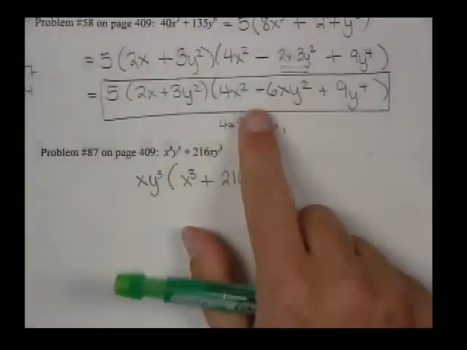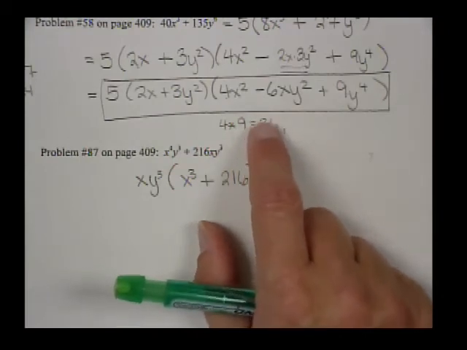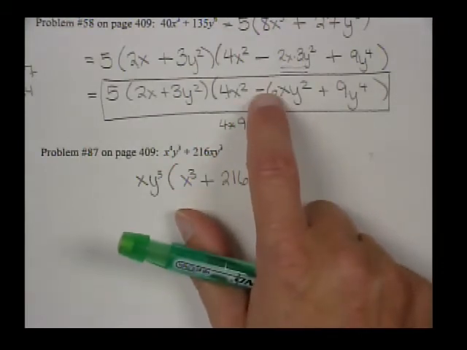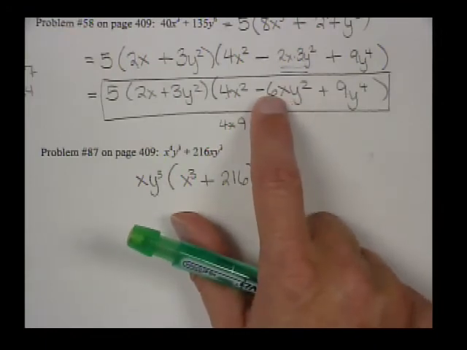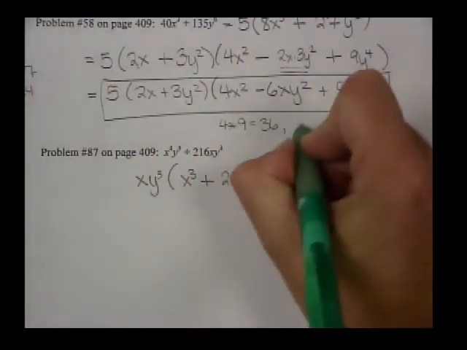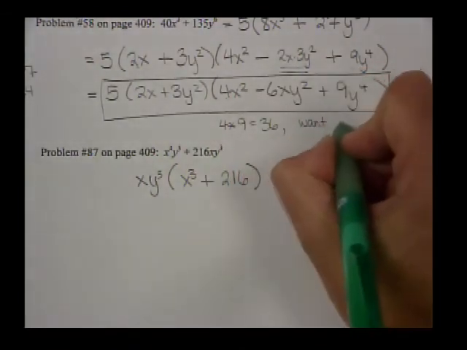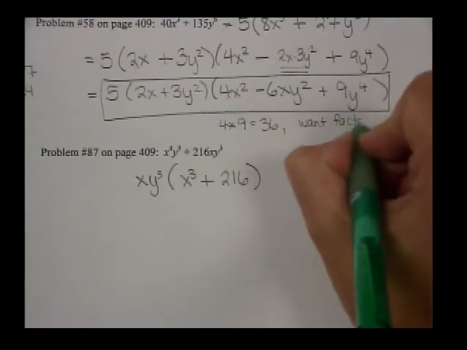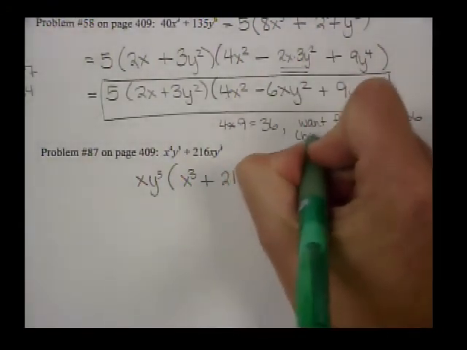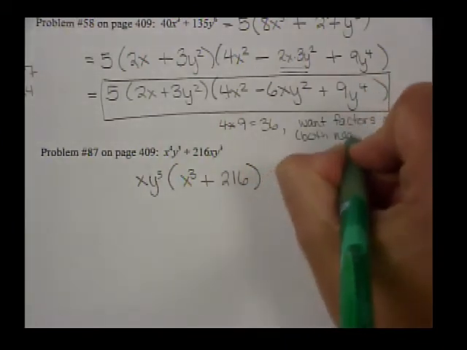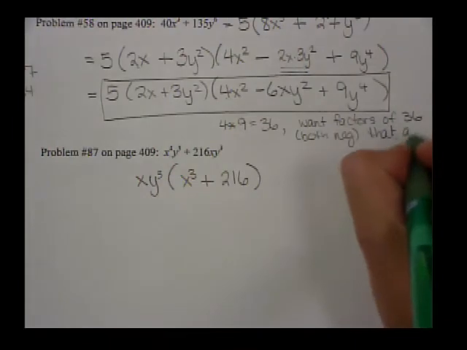And then we would try to find factors of 36, and they would have to both be negative, since the middle term is negative, but the last one is positive. So we want terms that add up to -6. So we want factors of 36 that are both negative that add up to -6, I'm sorry.